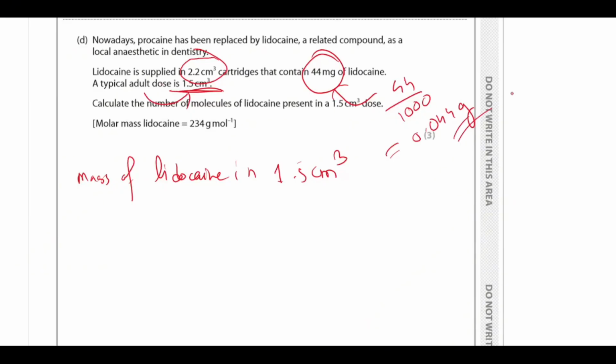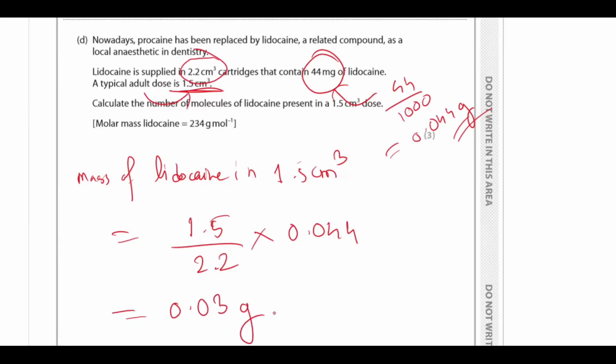So we can easily find the mass of lidocaine in 1.5 cm cube. Since the total volume is 2.2, that would be 1.5 divided by 2.2 times 0.044, out of the 44 milligram of lidocaine. The value would be 0.03 gram of lidocaine in 1.5 cm cube.